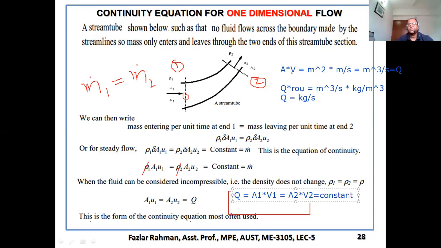So if you know the velocity at point 1 and the areas at both points, how can you figure out the velocity at point 2? Directly: from here, I can write V2 equals A1 V1 divided by A2.